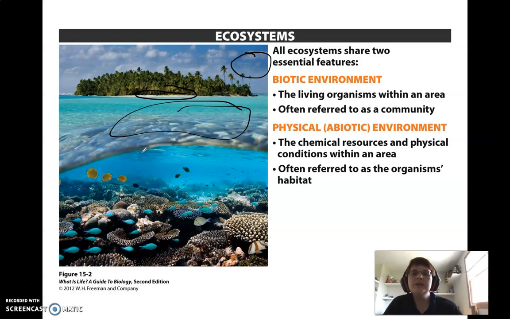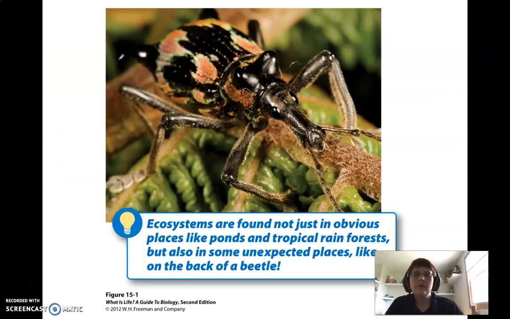And then physical conditions, we can see it just off the side here, but things like sunlight and temperature, those would be types of physical conditions, rainfall, that determine what can live in that area. Now, ecosystems don't have to be big. They can be small.